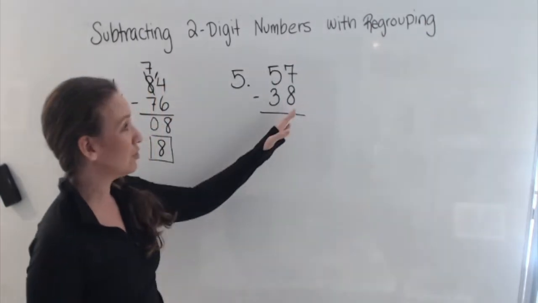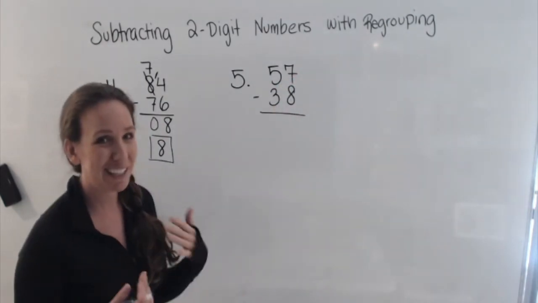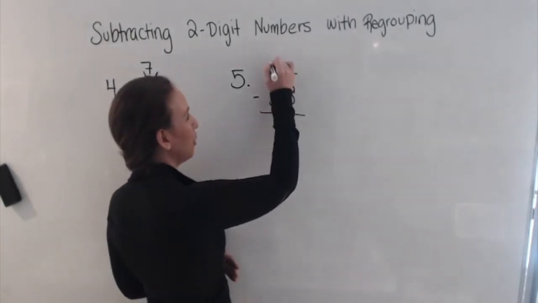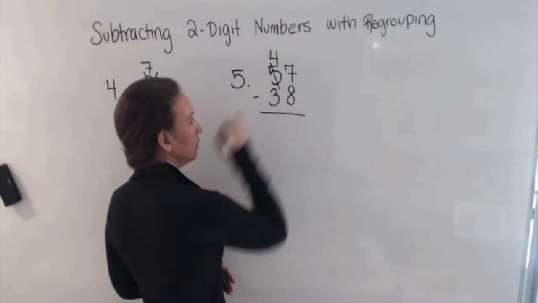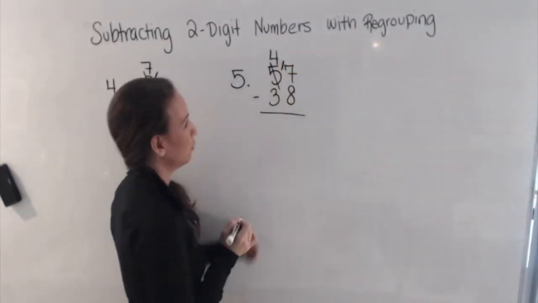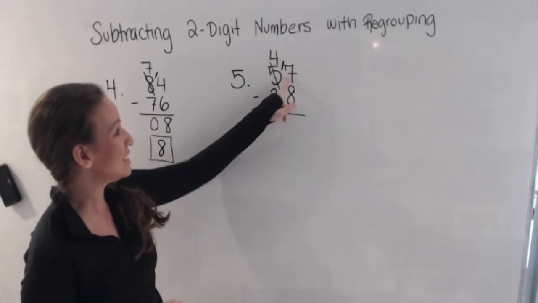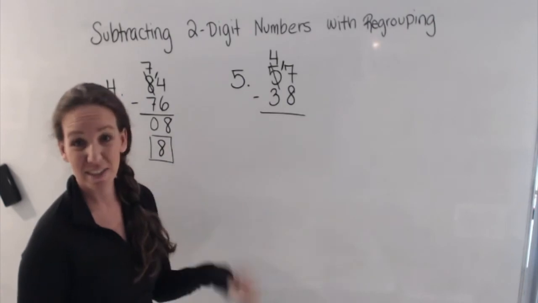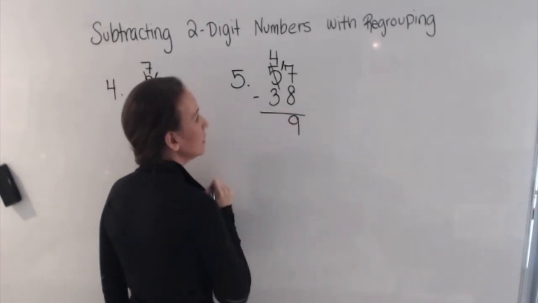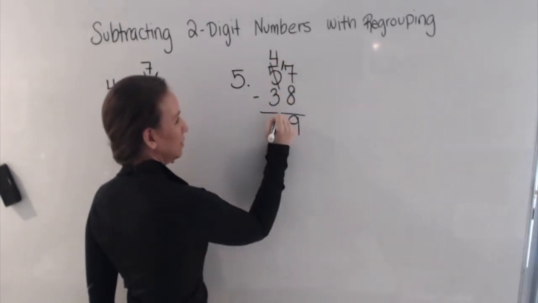So we need to borrow. That's right. We're going to borrow from the 5 and regroup it over to the 7. So I'm going to write that 1 right there, and we're going to read it as 17. Now 17 minus 8 is, that's right, 9. And then 4 minus 3 is 1.